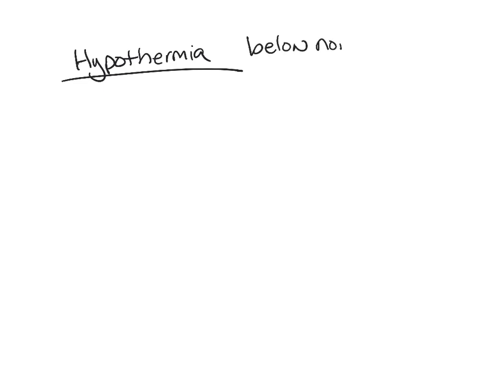So heat exhaustion and heat stroke are conditions where the body temperature gets too high, but there is a condition when the body temperatures get abnormally low, and that is called hypothermia. Hypothermia is below normal body temperature. In hypothermia, the thermoregulatory centers become less sensitive.